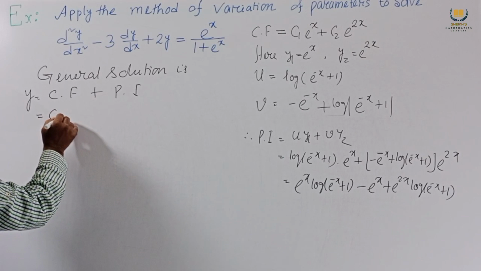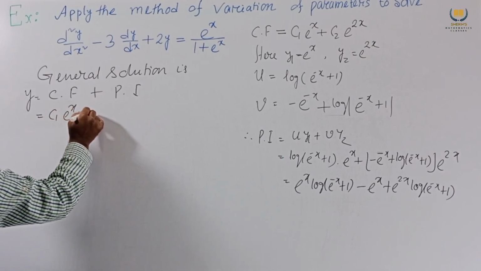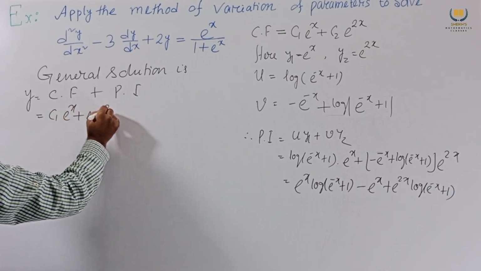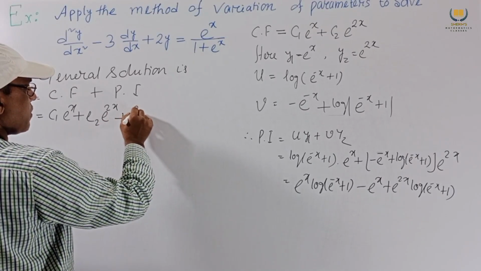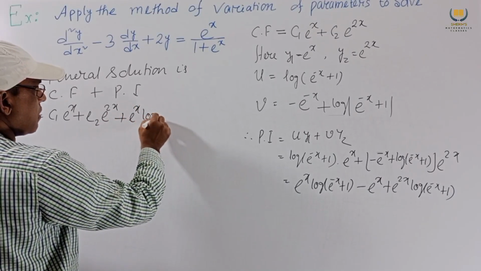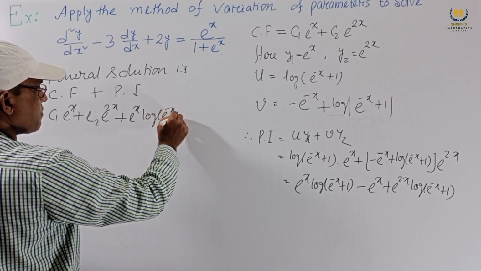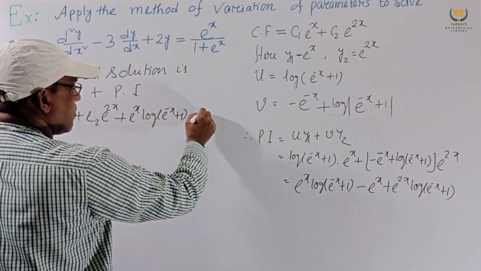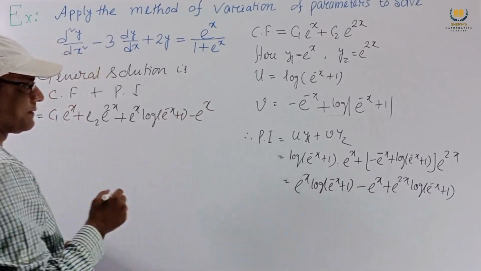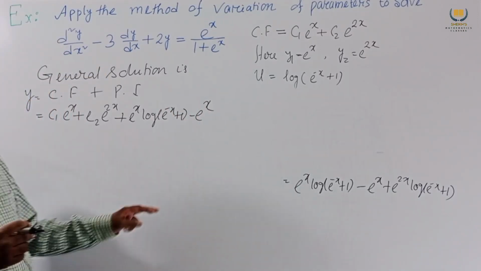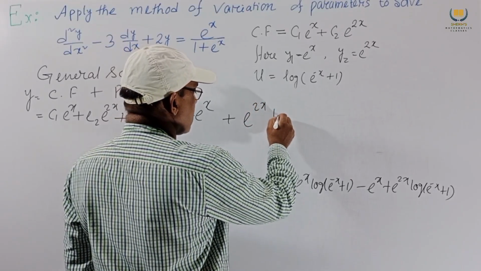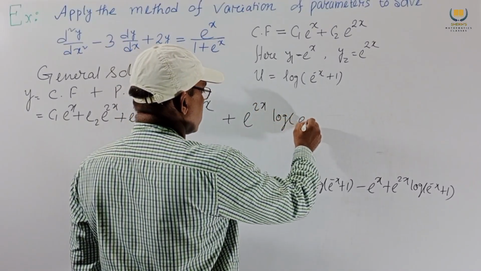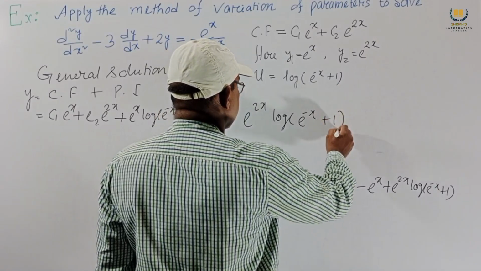CF means c1 e to the power x plus c2 e to the power twice x, and PI we get e to the power x log e to the power minus x plus 1 minus e to the power x plus e to the power twice x log modulus of e to the power minus x plus 1.